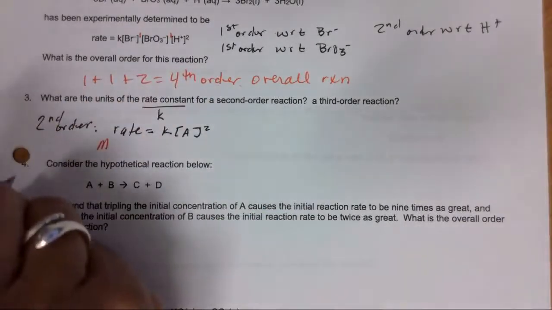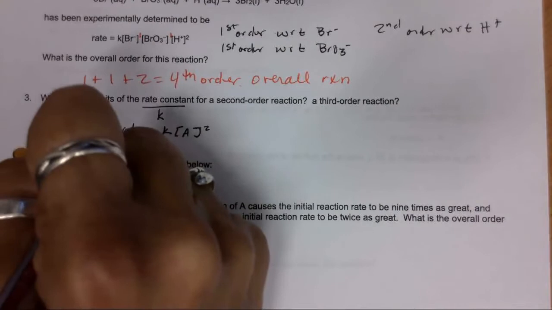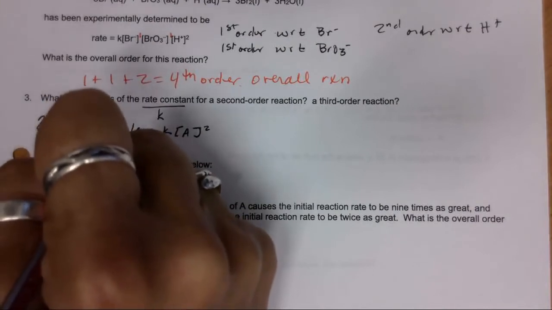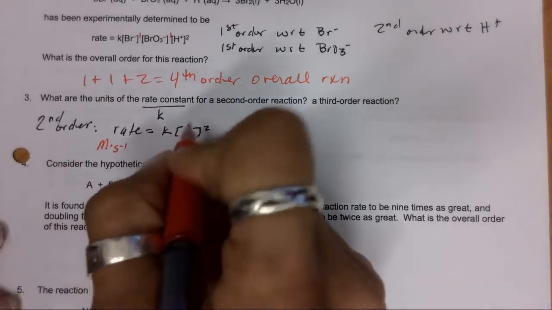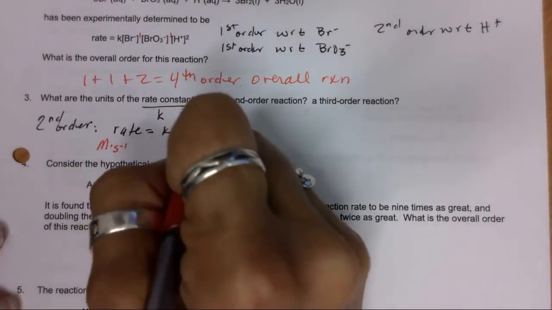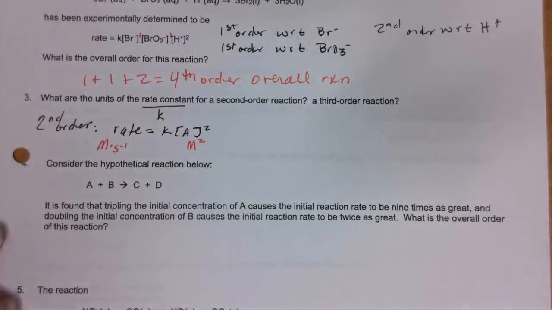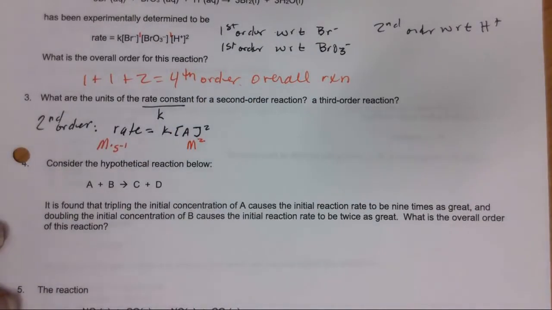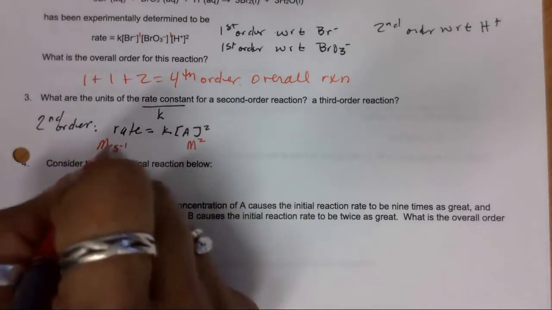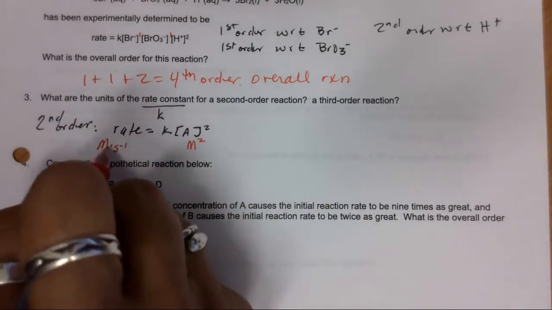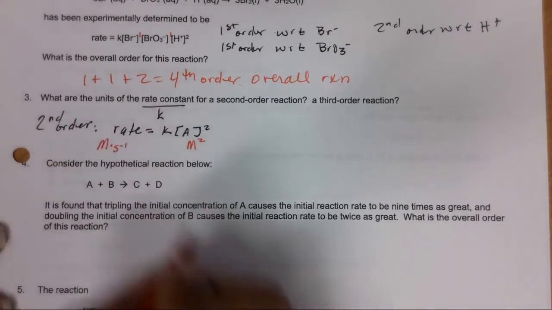Moles, and I can write this multiple ways, moles per liter per second. This is what rate has to be. I know that this is concentration, so this is moles per liter squared. So what does K have to be, when you multiply these two together, for rate to be moles per liter per second?